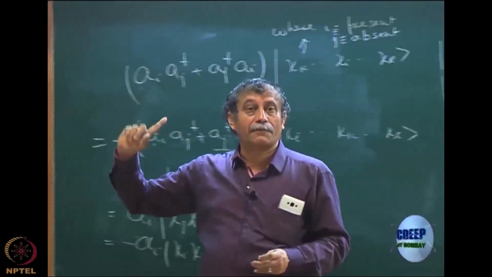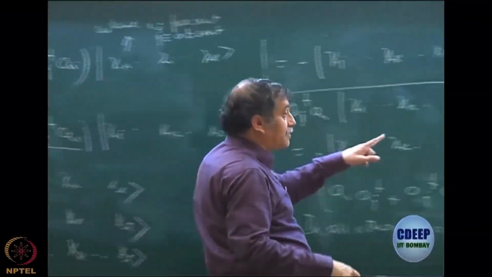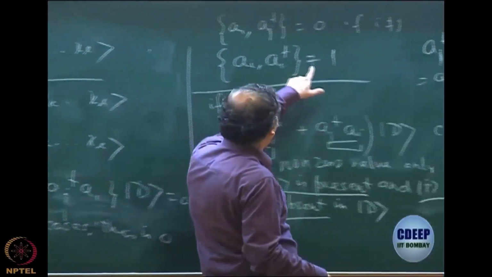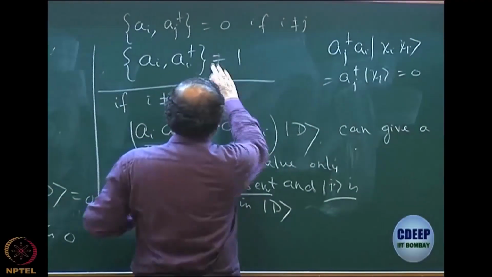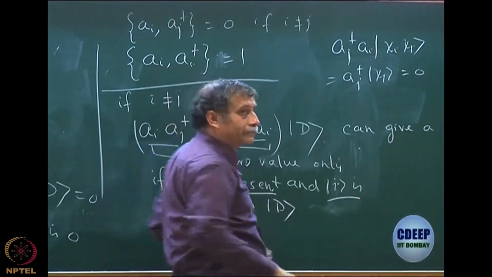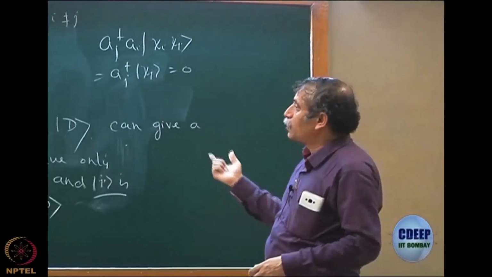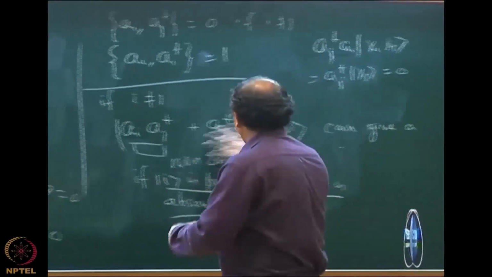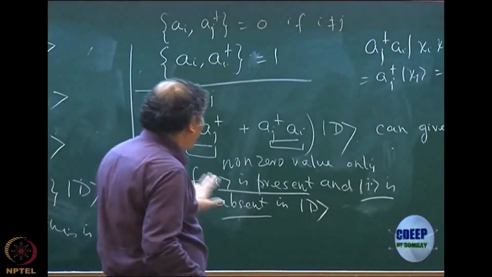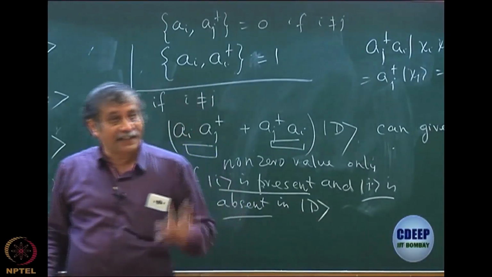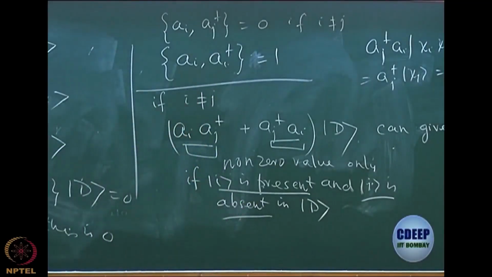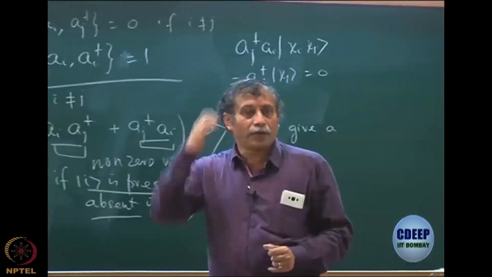One of these two terms will survive, and since you are talking of an anti-commutator, one of the terms will give you 1. Whereas for i not equal to j, I showed everything becomes 0. Only if i is present and j is absent can it survive, but even in this case I showed that it is equal to 0.